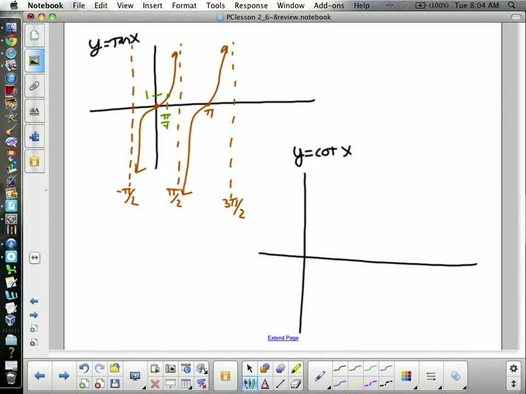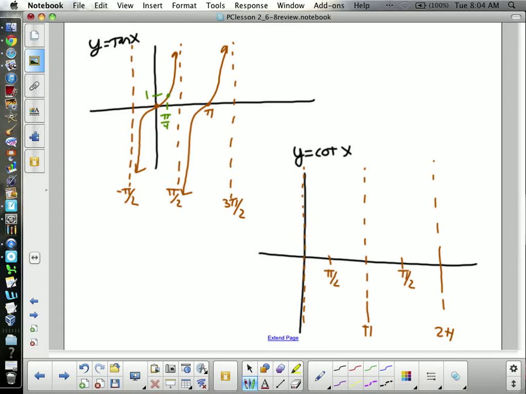What's the value of cotangent of 0? Undefined. We have an asymptote. And we have another asymptote over here where? Pi. And another one at 2 pi. So the in-betweens are the pi over 2's.